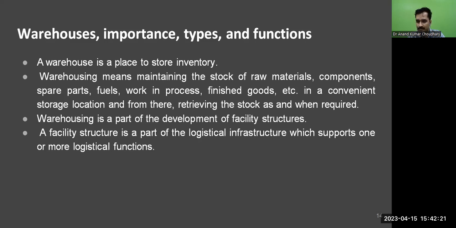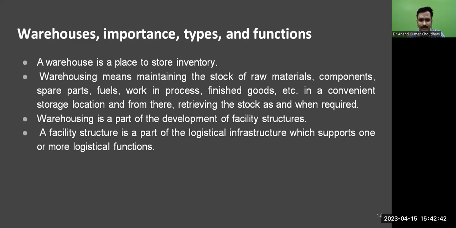It has an importance. What is a warehouse? A place to store inventory. Inventory means stock. It may be fresh or dead stock also. In terms of raw material, we can say that is also inventory.